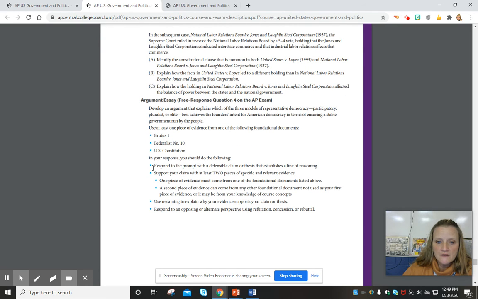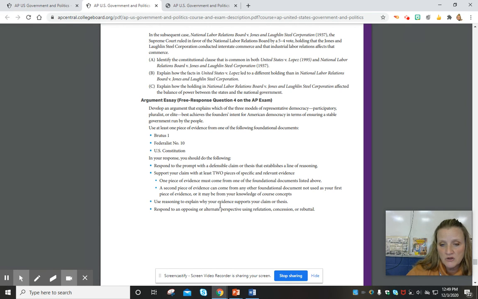In your response, you should do the following. Respond to the prompt with a defensible claim. Support the claim with at least two pieces of evidence. One piece of evidence must come from the foundational document. A second piece of evidence can come from another foundational document not used as your first piece of evidence, or from your knowledge of course concepts.